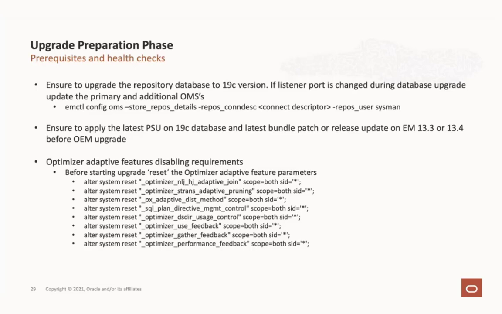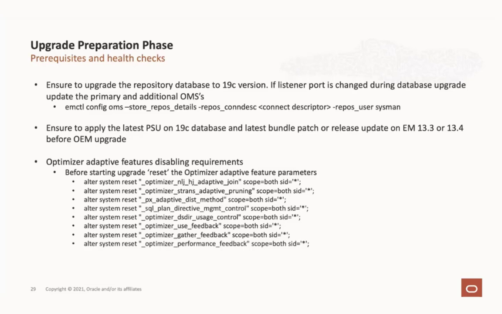So that is one thing. The other thing is about your database upgrade and applying the latest PSU. Once your upgrade of your database is completed, make sure that if you're changing any listener port as part of the database upgrade, for example, you definitely need to change the port from say 1521 to 1523 on the listener because of some policy changes, then you ensure those configurations are updated with respect to the OMS, and you store those details in your existing OMS before you plan for your upgrade.